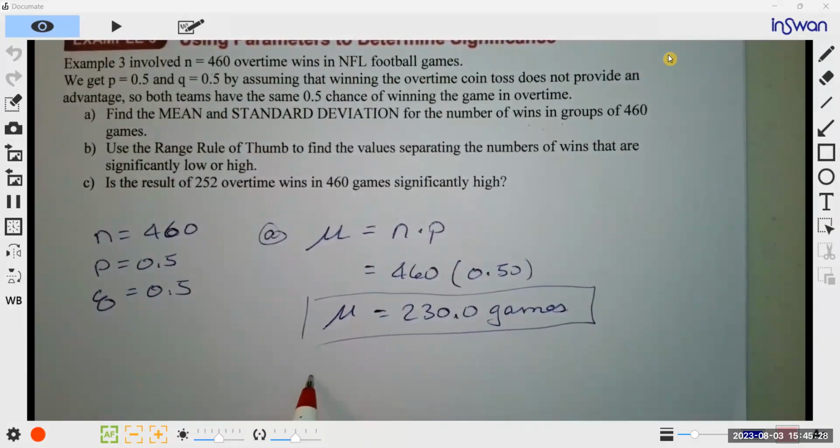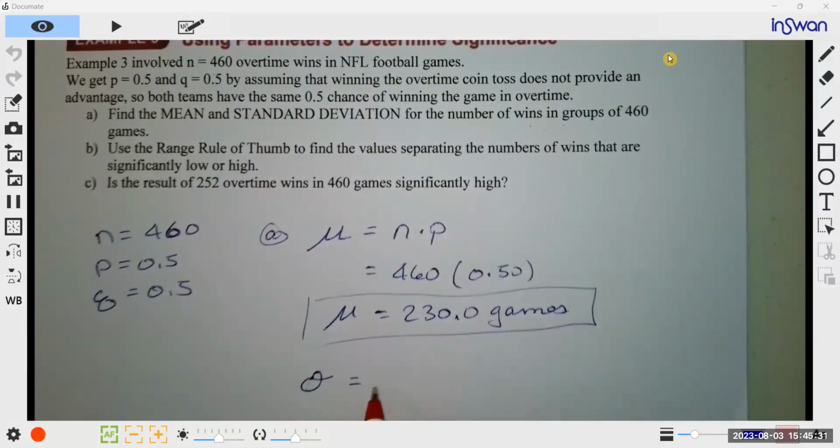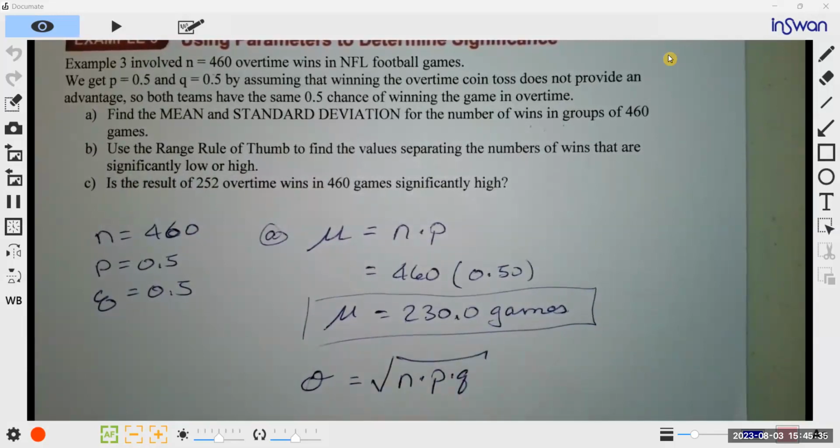The standard deviation is the square root of n times p times q.